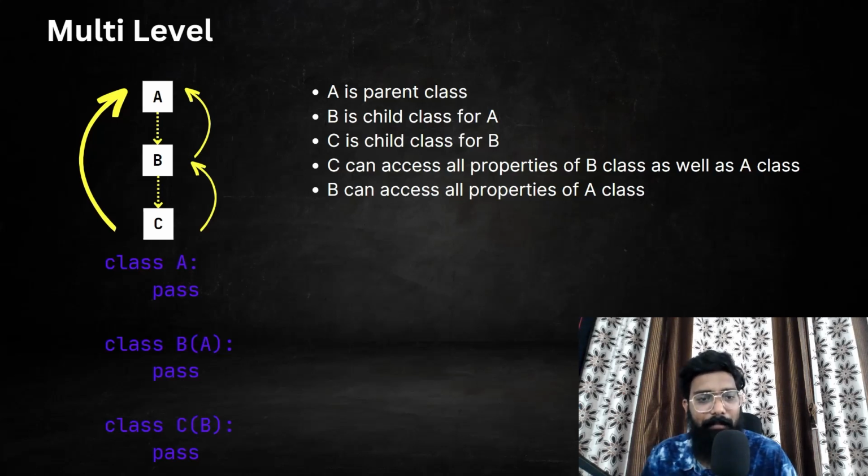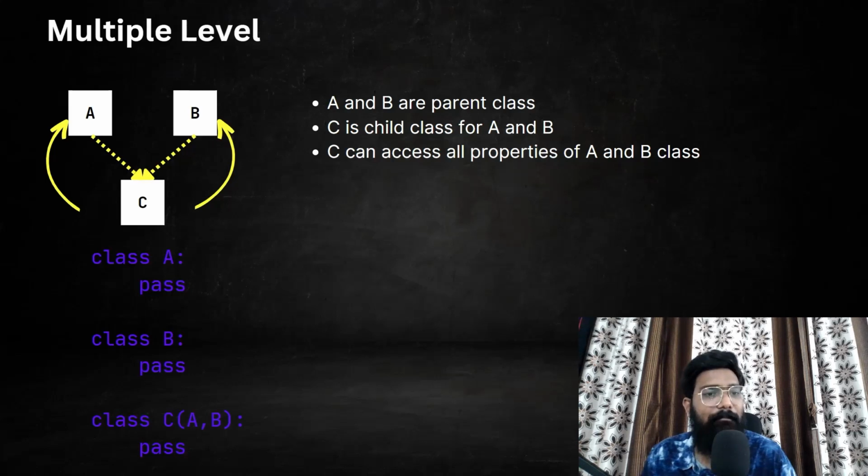A is a parent class for B, and B is a parent class for C. So we can say that C is a child class of B. C can access all the properties of B as well as A. B is a child class of A, so B can access all the properties of class A. And the implementation that we can do: class A, class B, opening closing parenthesis A, and class C inheriting B. So indirectly we can say that C can access A's properties as well as B's properties. This is how multi-level inheritance is implemented.